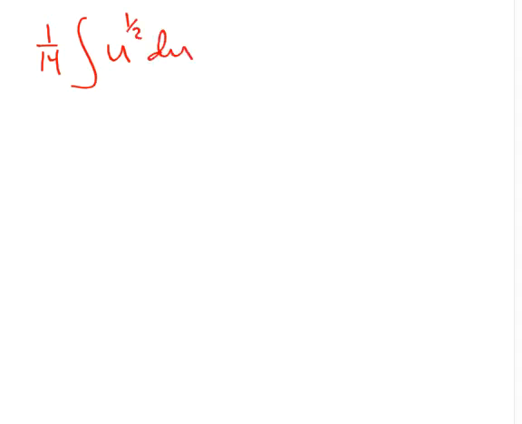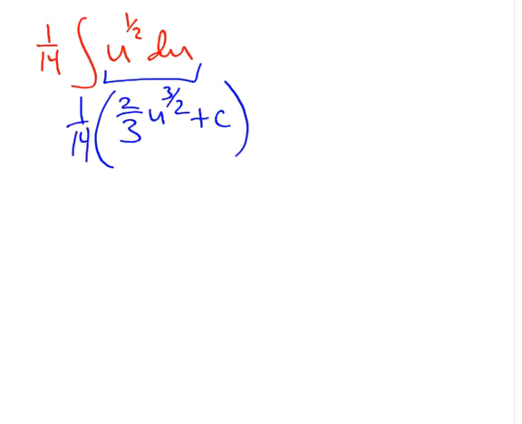So now we can say that the antiderivative of u to the 1/2 is, we add 1 to 1/2, we get 3/2 in the exponent. When we divide by 3/2, that gives us 2/3 u to the 3/2 plus c. And then we have this 1 over 14 out here. Now, this is another scenario that occurs with these types of integrals. When we distribute that 1 over 14 here, we have to remember that c is an unknown constant.